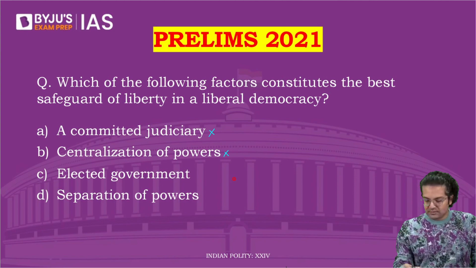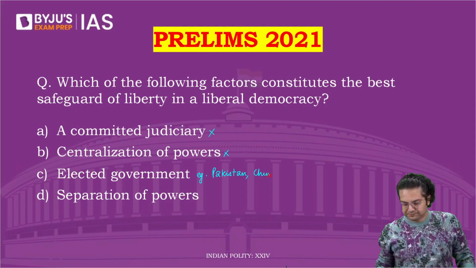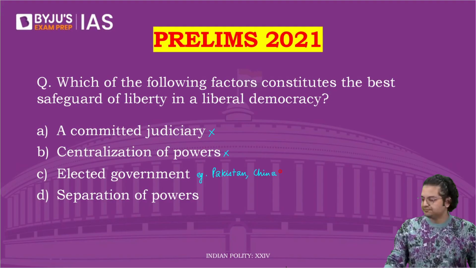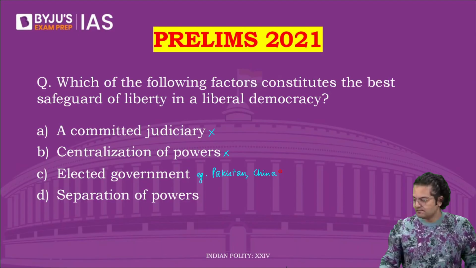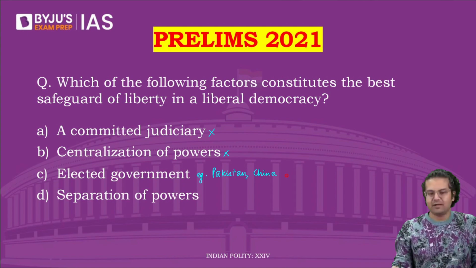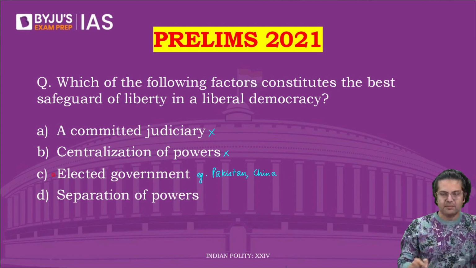Elected government, does it always guarantee liberty? Tell me. There is no guarantee of liberty. We have had elected government in 1975 also in our country. This is also no guarantee of liberty.